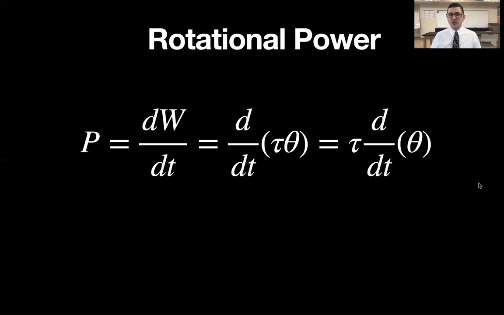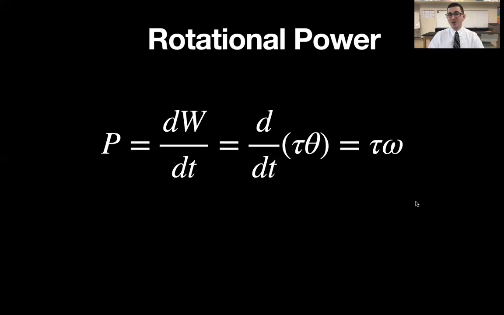If tau is not constant, we can do a product rule, and we're good at that. So this is the rotational power formula.